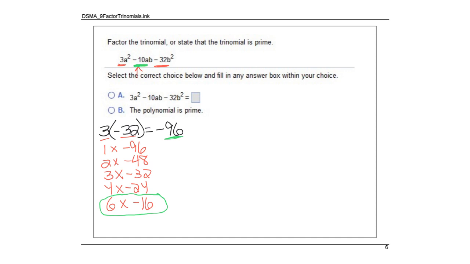Now I'm going to have to be really careful because my middle variables are a and b. So I have to grab 6ab and negative 16ab. Otherwise, if I add those two together, I am not going to get negative 10ab in the middle. All right, so let's set up our box here.